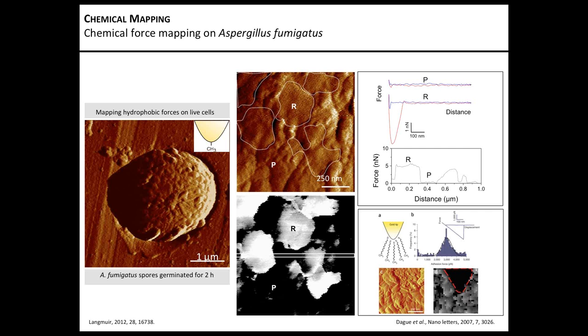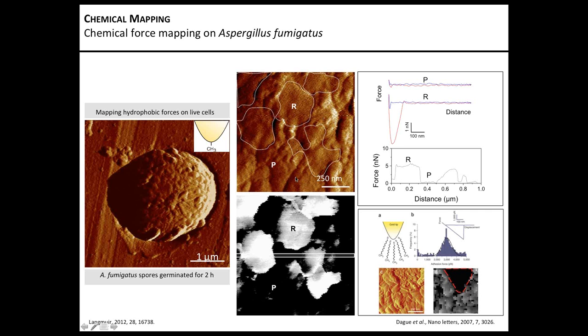It's a very hydrophobic protein, which is organized in rodlets. And upon germination, this rodlet layer progressively disrupts, and the underlying polysaccharide layer becomes exposed at the cell surface. So we put the cells for germination for 2 hours, and so we expect to have a mixture between some rodlets and some underlying polysaccharide.